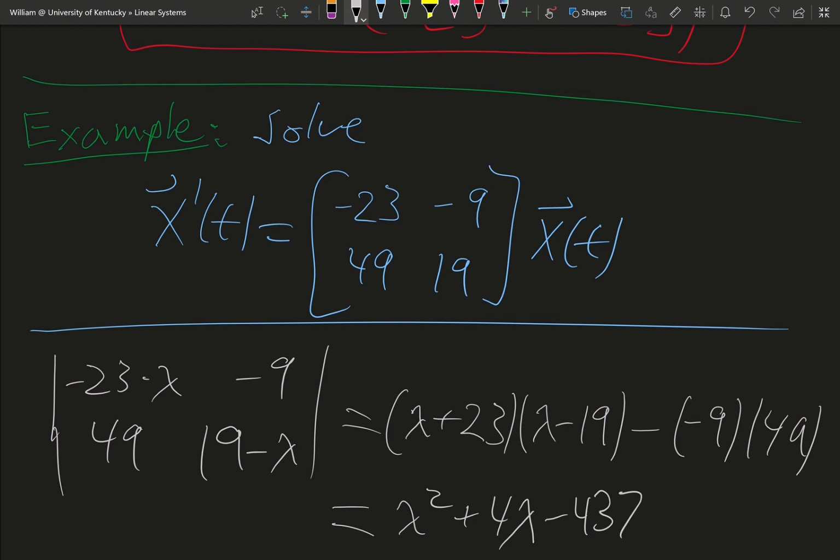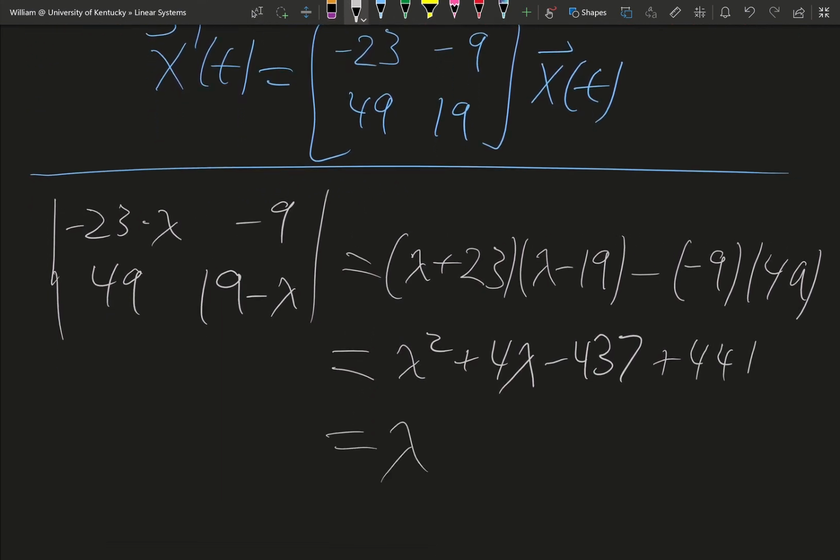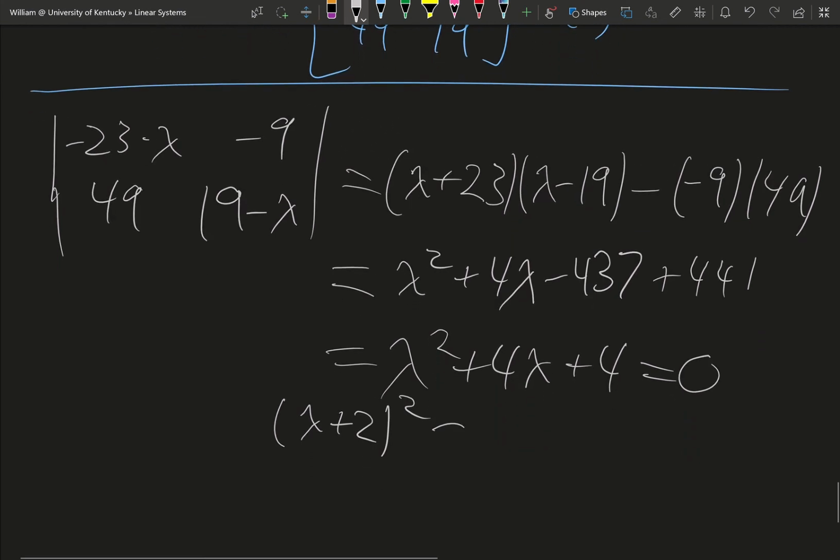Over here, 9 times 50 is 450, minus 9 is 441, so plus 441. And of course, this factors as lambda plus 2 squared. And so we see that lambda equals negative 2.